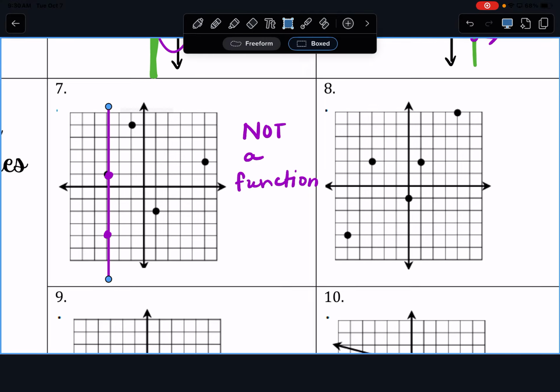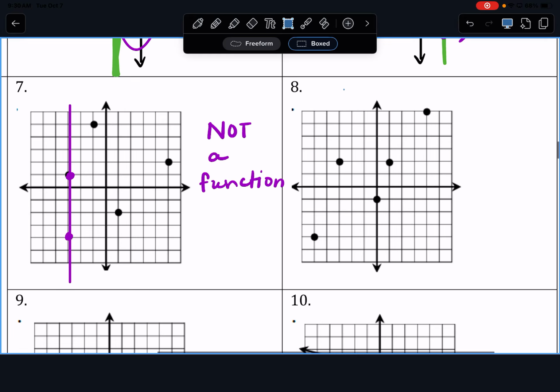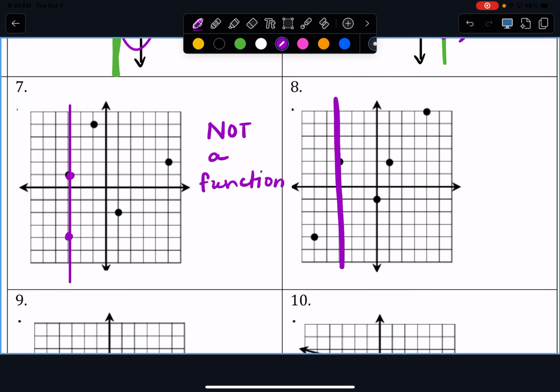All right, for number 8, it is a function, because it does not matter where I draw that vertical line. It will pass the vertical line test, so it is a function.